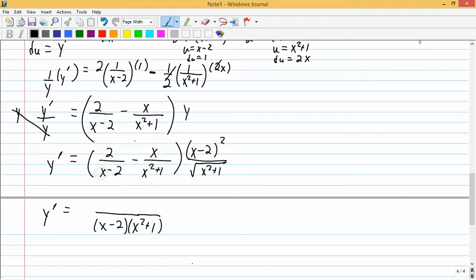Alright, and so if you look at this first term, then you look at your common denominator, the part that you'd be missing is the x squared plus 1. So x squared plus 1 times 2 first goes here, minus, and then again, look at the common denominator, look at this denominator, the part that's missing is the x minus 2, so you say the numerator times x minus 2. Alright, and so we're just dealing with that part first.